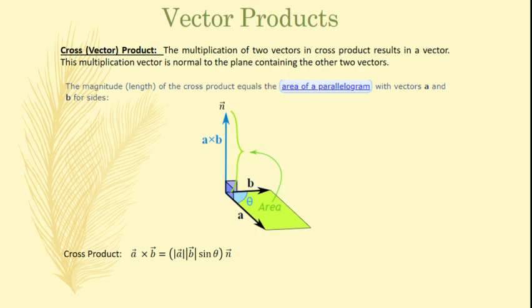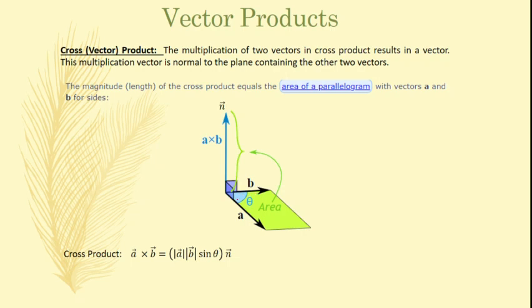Suppose we consider these two vectors on two adjoining sides of a parallelogram, then the area containing these two vectors A and B is given by the magnitude of the vector.